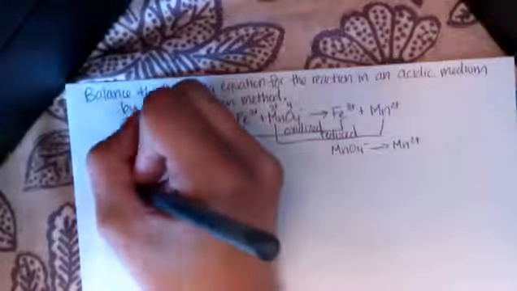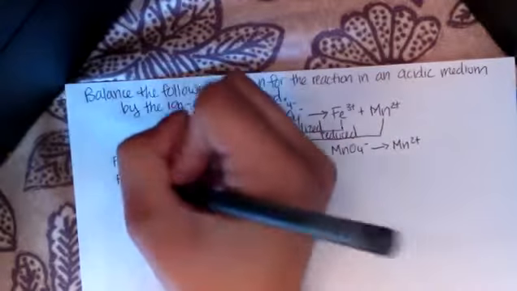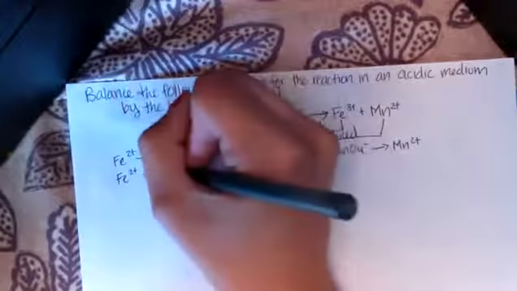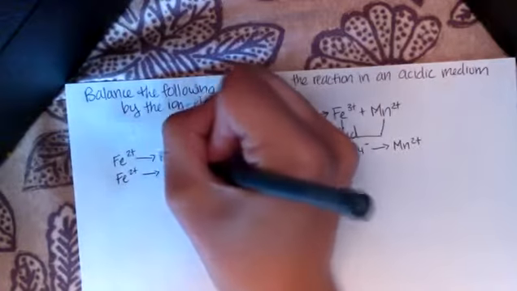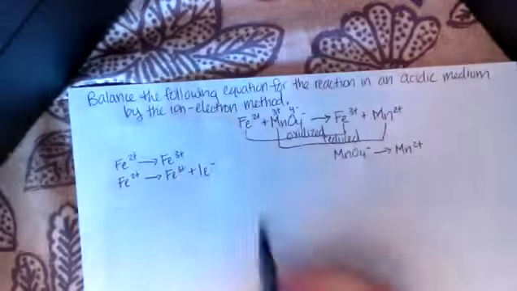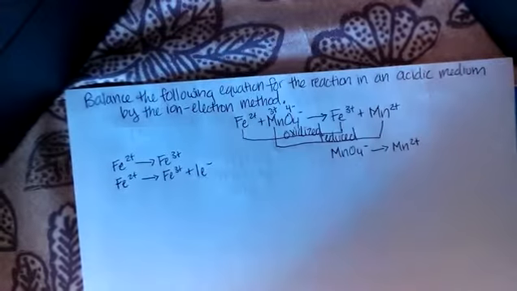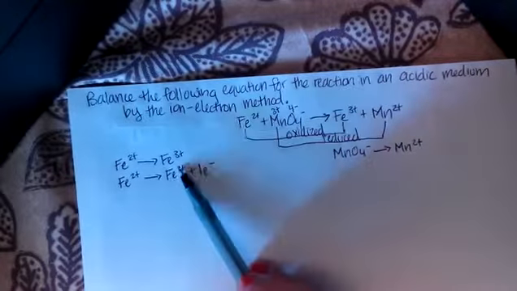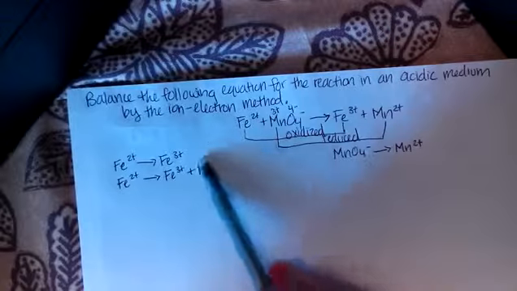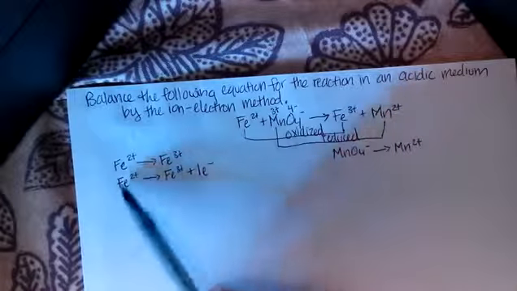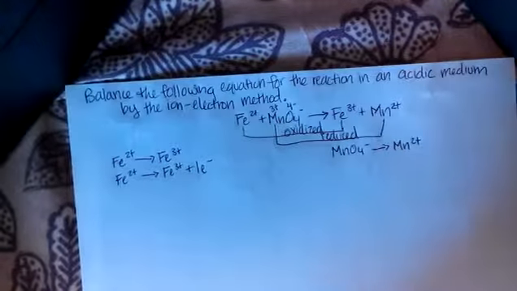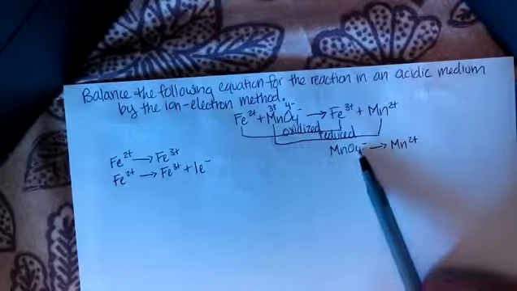So if I were to add one electron on my product side, the two sides would now be equal. If you think about it, 3 plus and one negative is going to give you a 2 plus. So we're good. Let's move on to this side now.